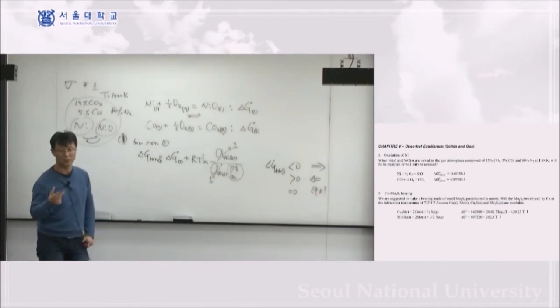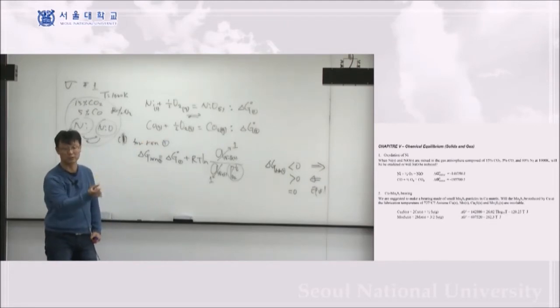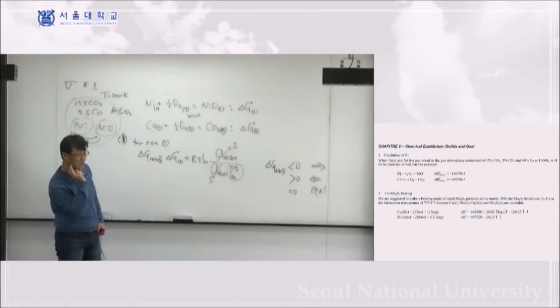Industrially, or in the laboratory, the two easiest ways to control the partial pressure of oxygen are using a mixture of CO, CO2 gas or H2, H2O gas. By equating them as a chemical reaction, we can find the partial pressure of oxygen at the given mixture of CO, CO2 or H2, H2O. It's the easiest way to control the partial pressure of the system, by using the gas mixture.